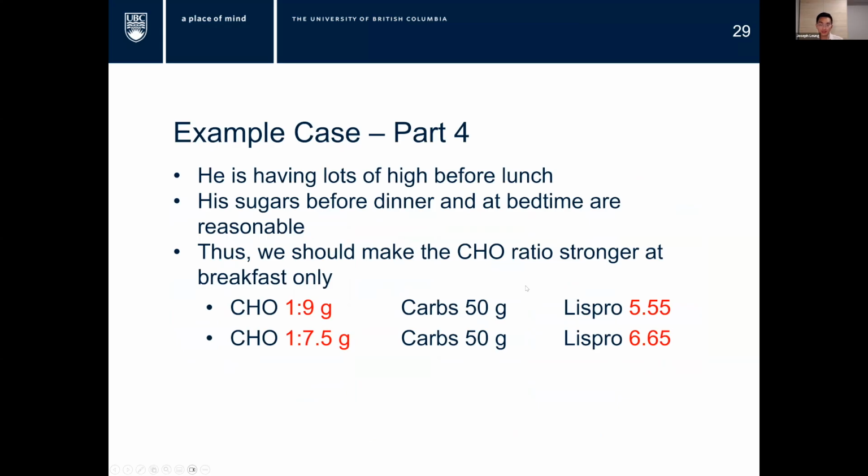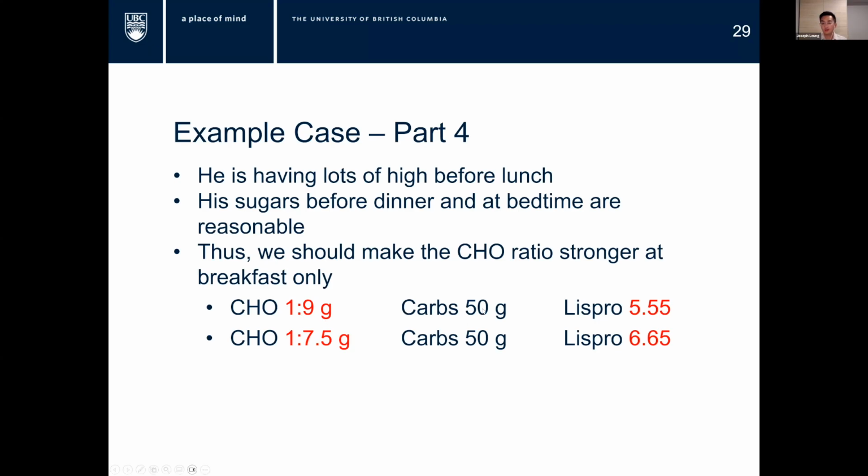Well, in this kind of setting, perhaps what's going on is that the carb ratio at breakfast is not strong enough. So lots of highs before lunch. So in this situation, we're going to try to make that carb ratio stronger at breakfast only, which means that number is going to be lower. So initially we had set the carb ratio at 1 to 9.